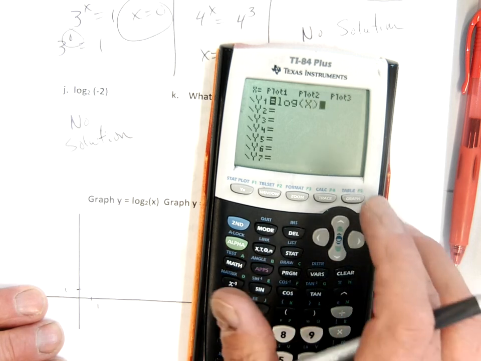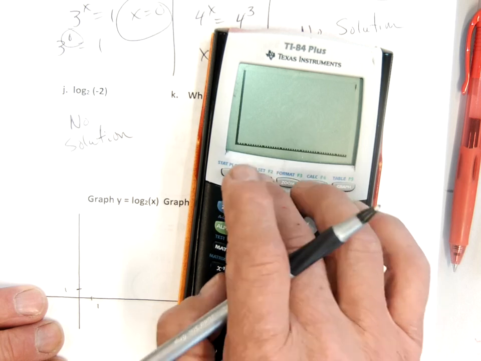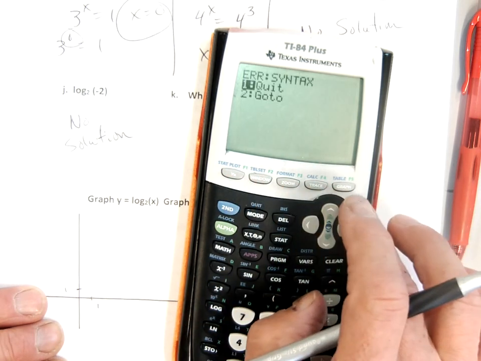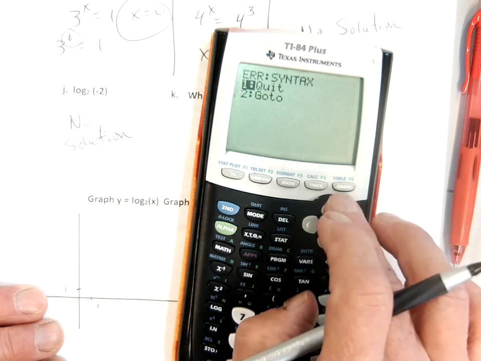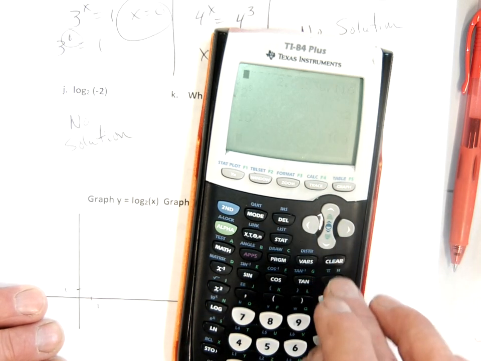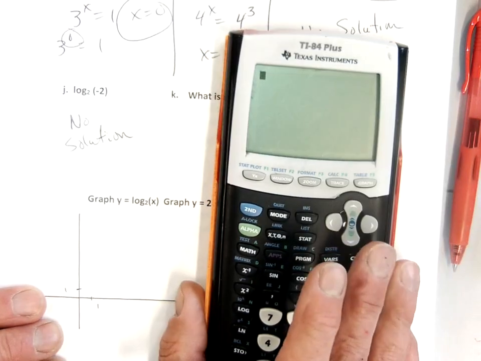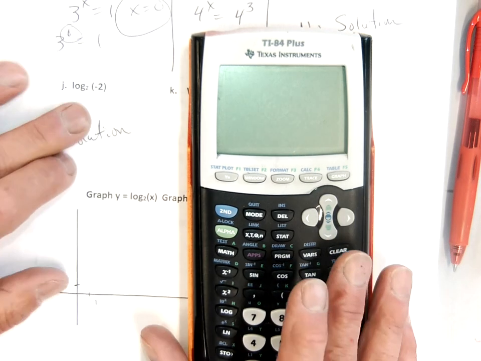I might have to set my window more correctly. There is no log base 0. Is there? Mr. Davis, is there a log base 0? No, there is not. Great, really good question. I don't think anybody's asked that question for many years. Good question. Yeah. Because you can't have a 0 to the 0.